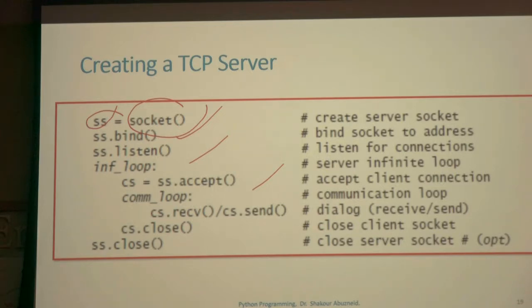Because you have a message divided into packets. You're going to send packet 1, packet 2, packet 3 until the end. So there is a loop inside that loop. Then after that, we have to close the client socket, and then close the server socket, which is optional.